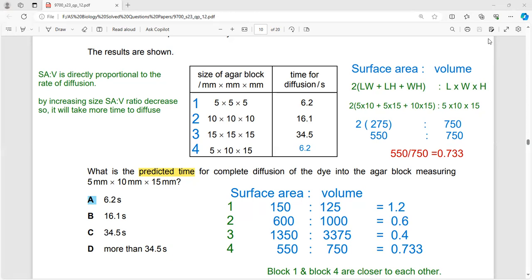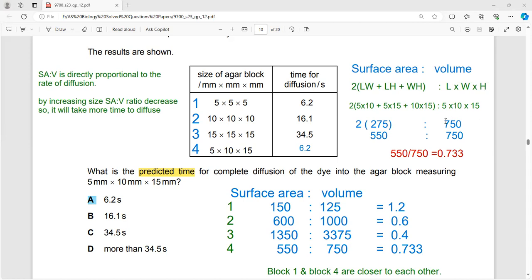For finding the surface area, for example, the question is giving the length, width, and the height. So 5 is the length, 10 is the width, and 15 is the height. With the help of this, we can find the surface area and the volume, using the formula length multiplied by width multiplied by height. This will give us the volume.